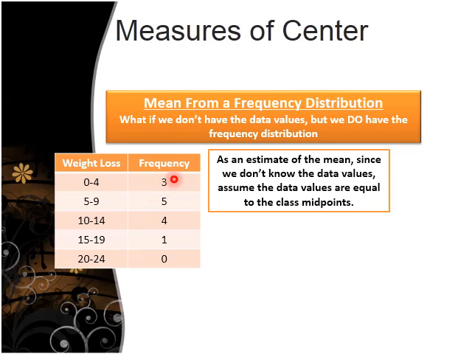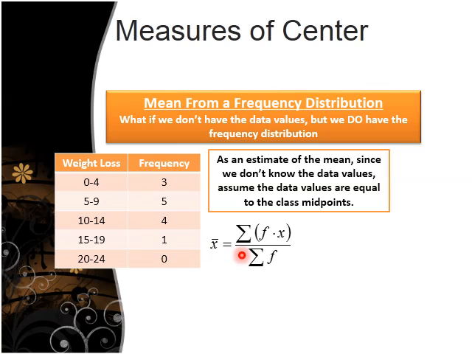So in other words, I know that 3 of my data values were between 0 and 4. Since I don't know exactly what those data values are, I'm going to assume they were at the class midpoint, or 2. So in other words, I'm assuming that I had 3 values in my data set that were the number 2. And those are the values between 0 and 4.